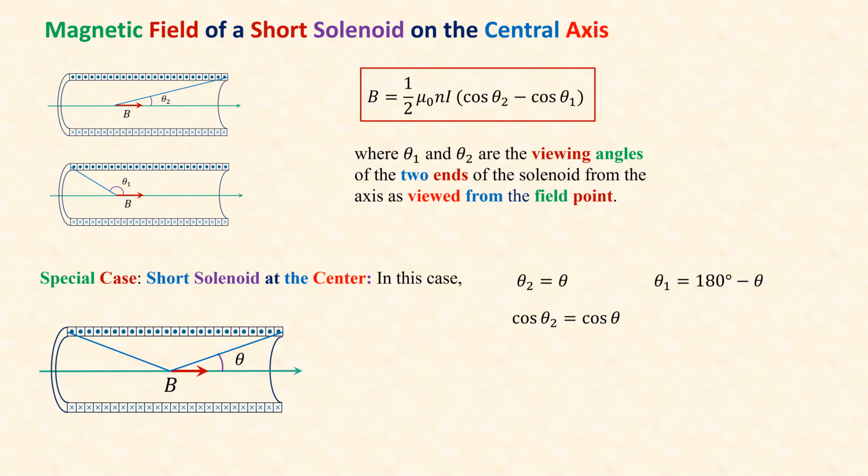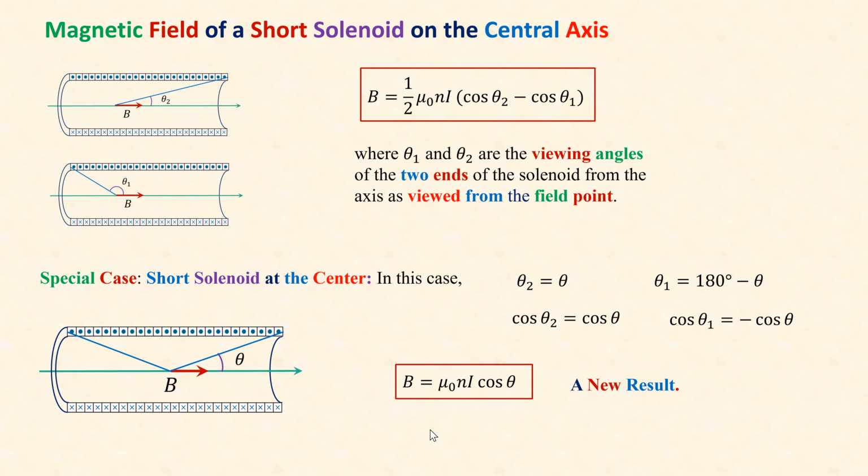Cosine of theta 2 is cosine theta, and cosine of theta 1 becomes negative cosine theta. Then we get cosine of theta 2 minus negative cosine theta, so we get 2 cosine theta. The 2 cancels the 1/2, and it becomes mu naught Ni cosine theta, which is a new result that corresponds with that theory.